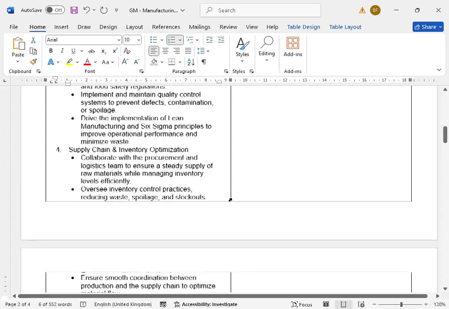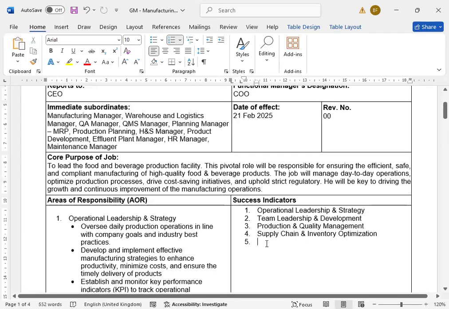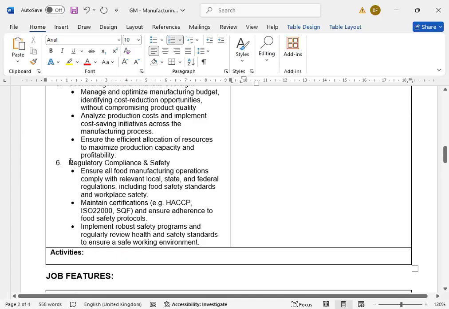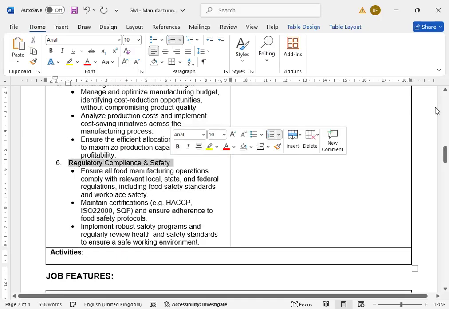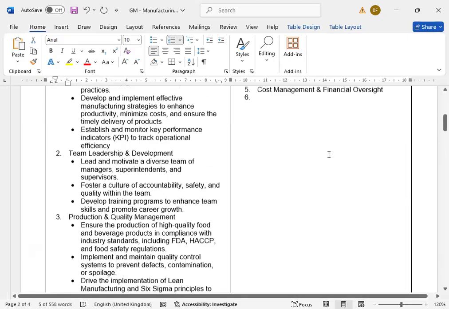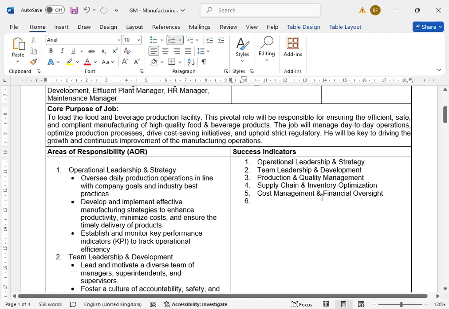Control C again, copy. Then number six, the last one, regulatory compliance and safety. Copy. So at least we know what things are under the success indicators.